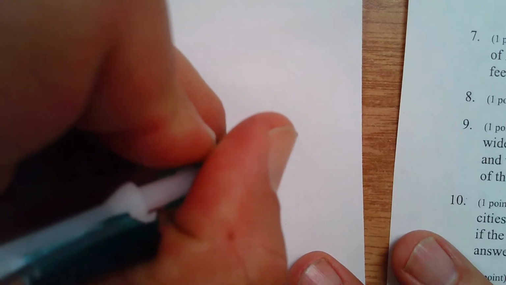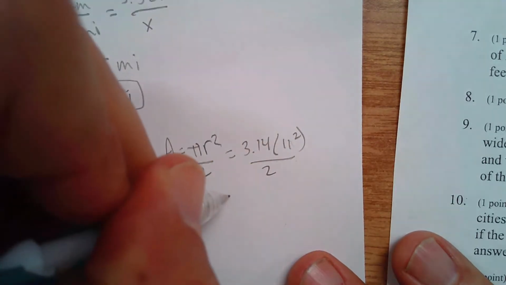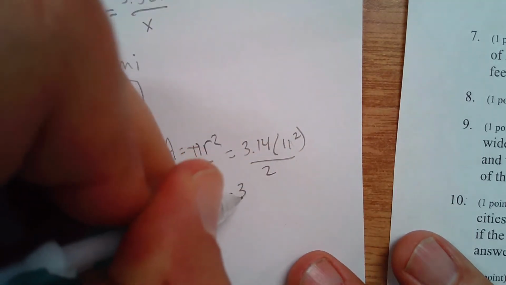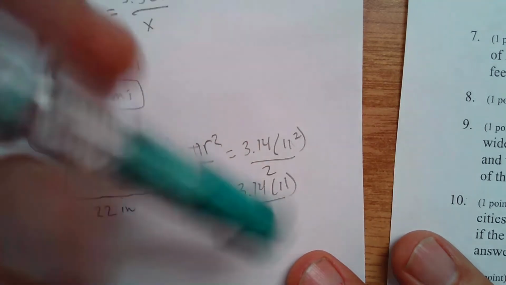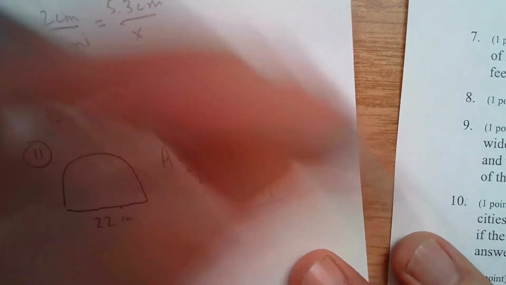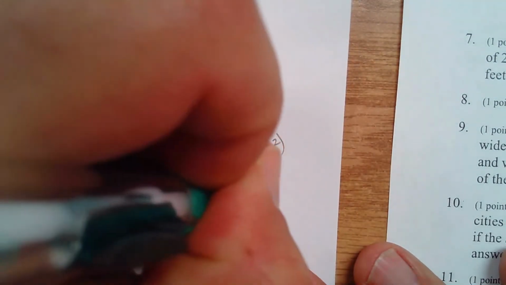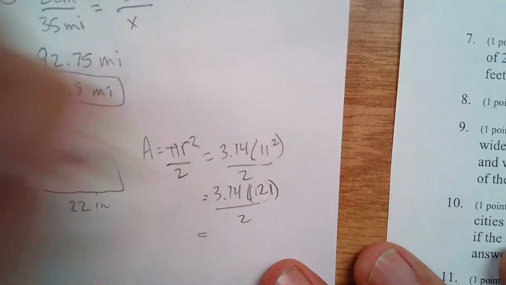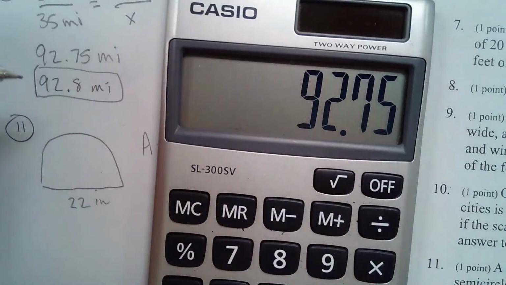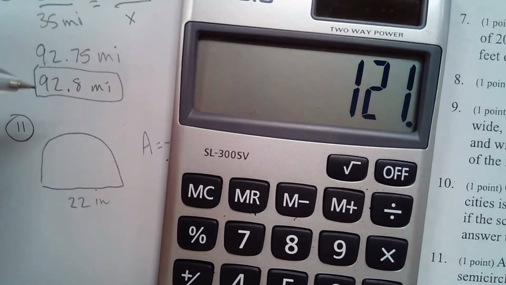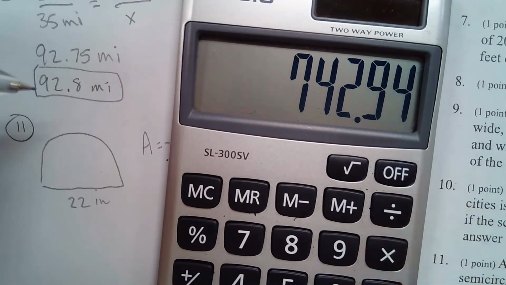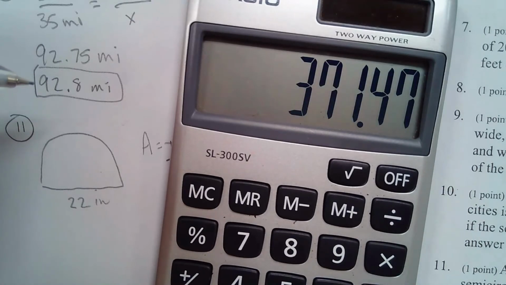So 11 squared is 121, divided by 2. And this is where the calculator comes into play. So 3.14 times 121 is that, divided by 2 is 371.47.